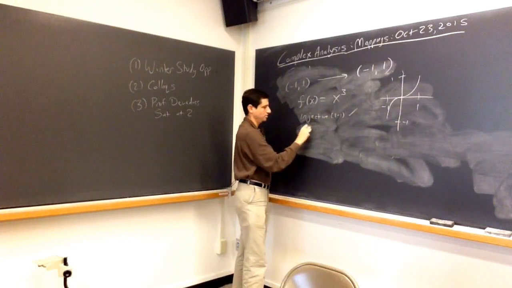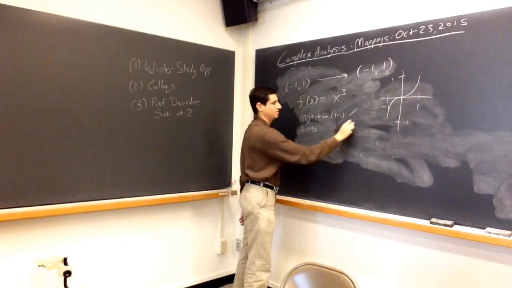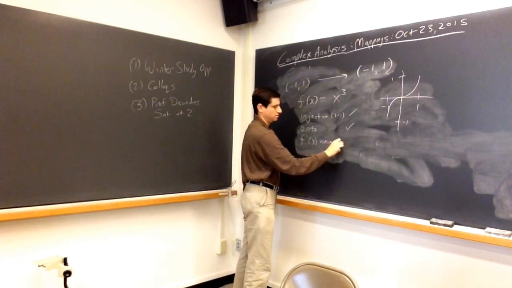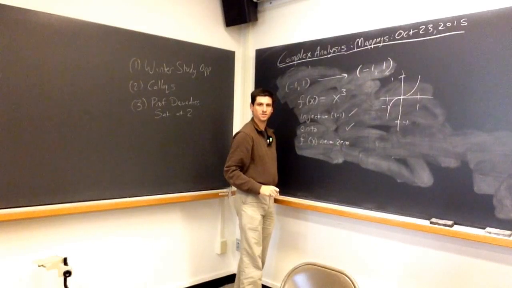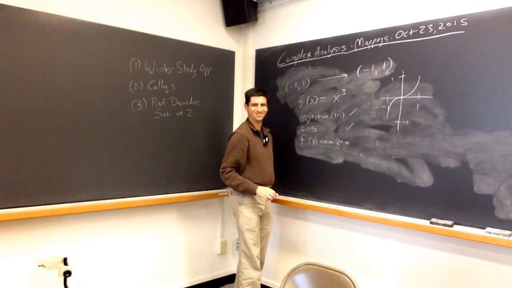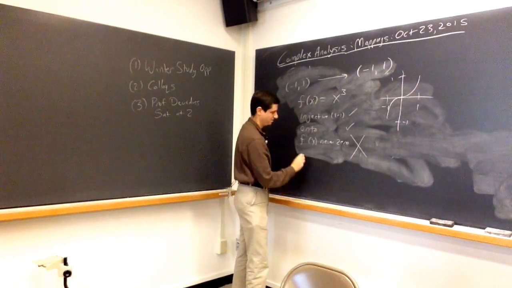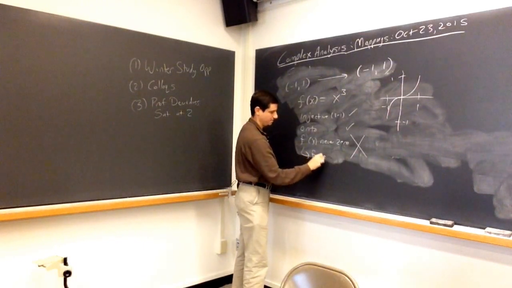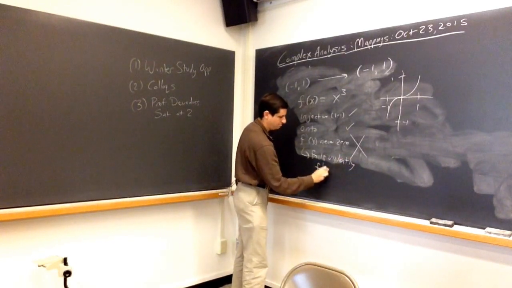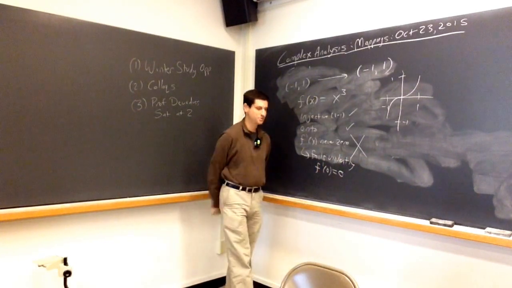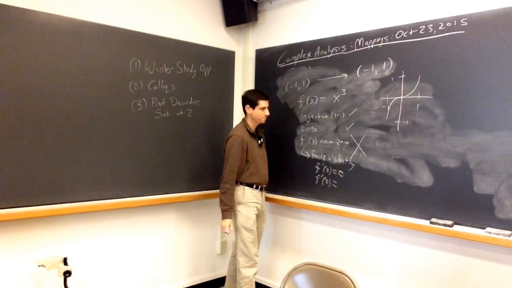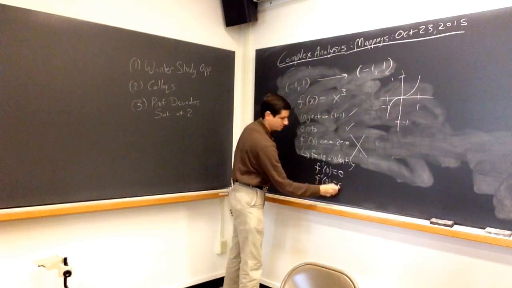Excellent. Is it onto? Is f prime of x never 0? It is 0. It fails violently. F prime of 0 is 0. Not only is f prime of 0 equal to 0, we even have f double prime of 0 is 0.